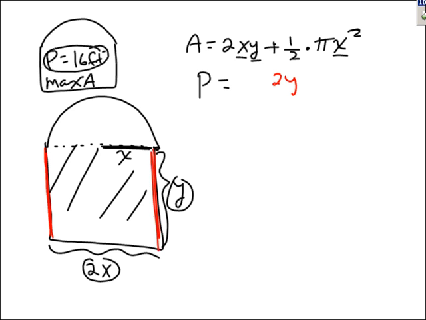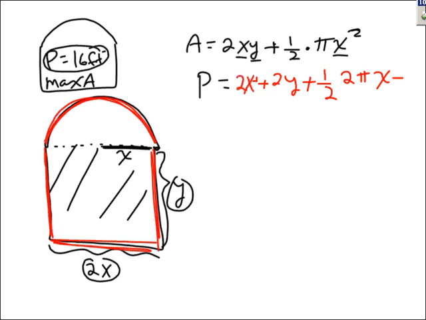That's 2y feet plus 2x plus 2x plus this. That is the circumference of half a circle. So there's my half, and the circumference of a circle is 2 pi r, but r is x. So there it is. There's the perimeter. Oh, and it equals 16.